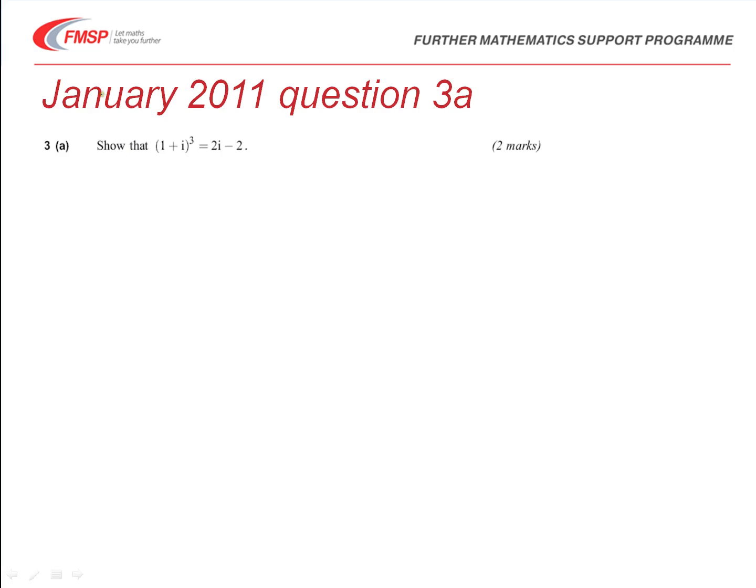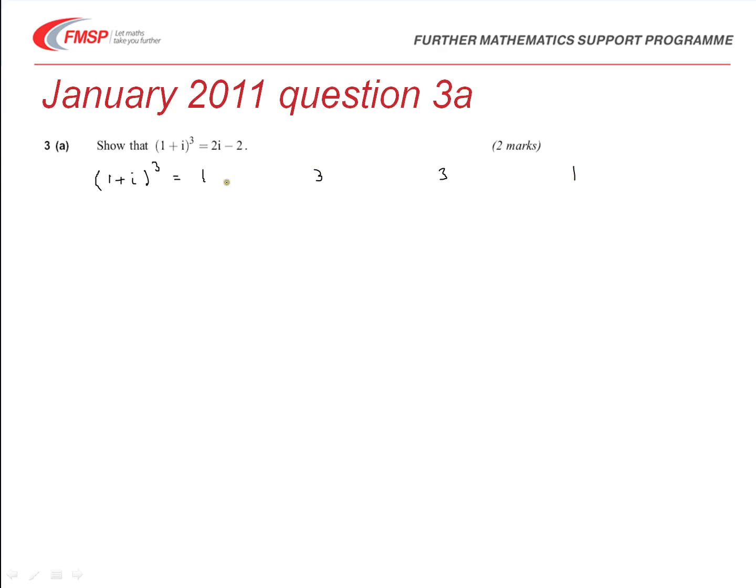Okay, well, first part we've got to show that (1 plus i) cubed is equal to 2i minus 2. So key thing will be probably to use Pascal's triangle and expand this. So we know Pascal's triangle goes 1, 3, 3, 1.